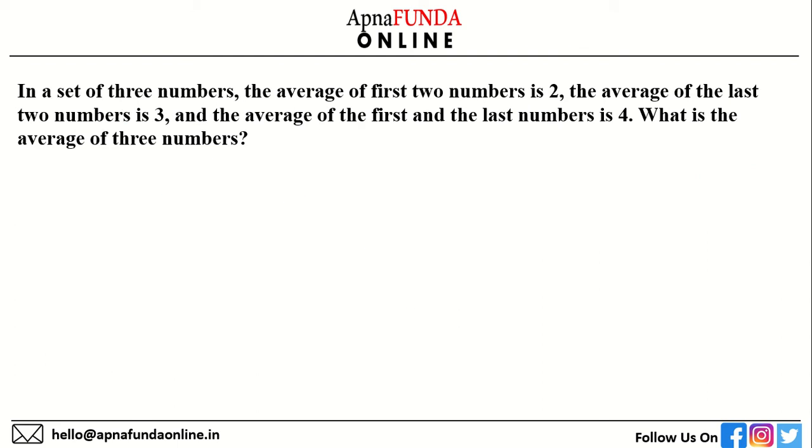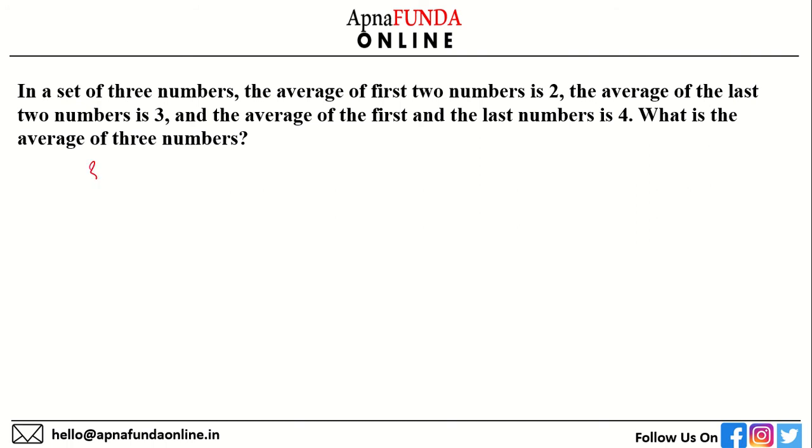Next question. In a set of three numbers, the average of the first two numbers is 2, the average of the last two numbers is 3, and the average of the first and last numbers is 4. What is the average of the three numbers? Very simple question. Let's solve it very fast.